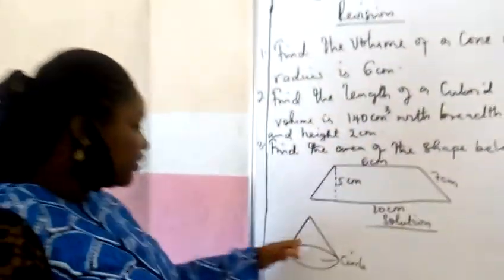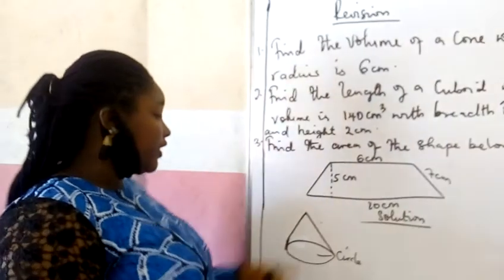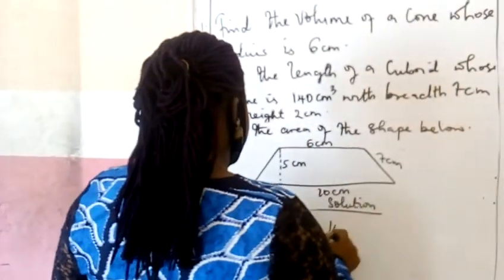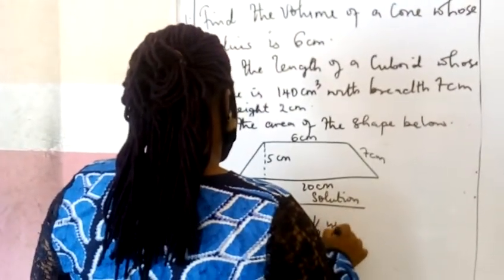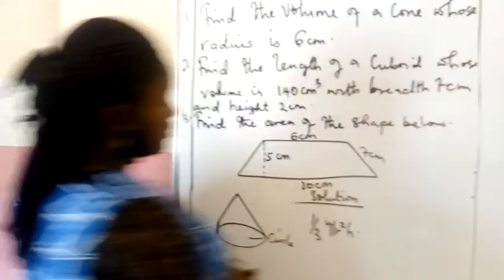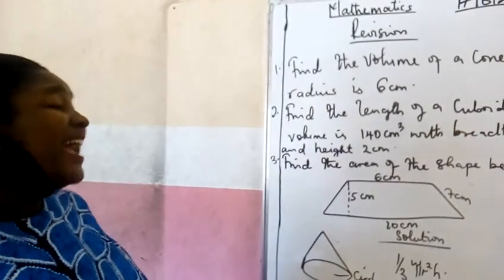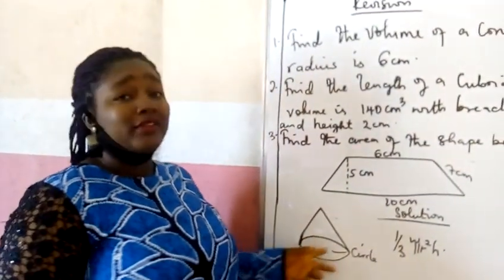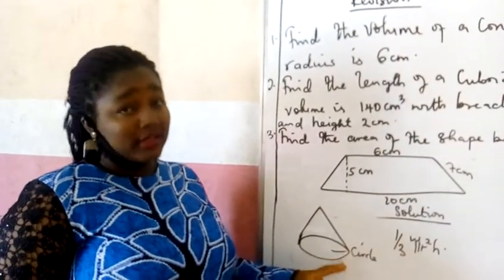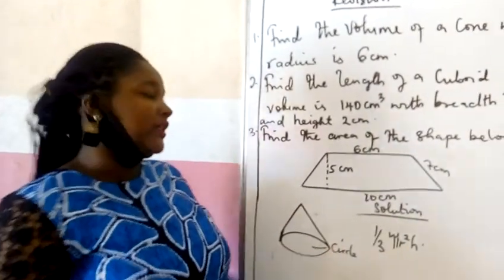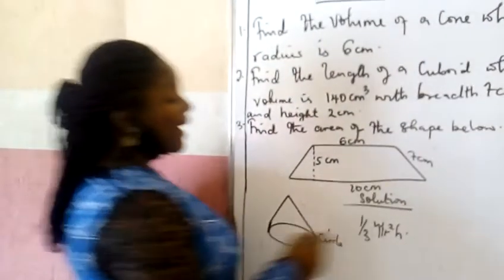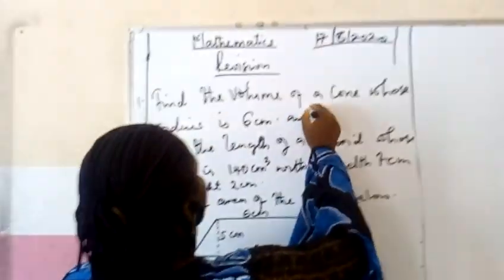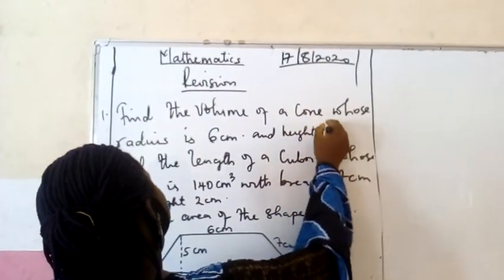So, the formula for finding the volume of a cone, and the cone is a pyramid, is 1/3 pi r squared h. The formula for finding the volume of a pyramid-like shape is 1/3 of the basal face times height. That is SS2. We won't go into it.